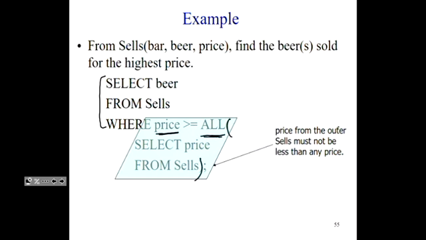So implicitly, I'm saying that the price should be greater than or equal to every single one of the tuples in this internal relation, which is select price from Sells. So the price from the outer Sells must not be less than any price within the internal Sells.